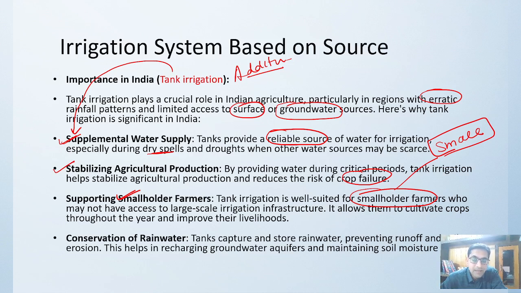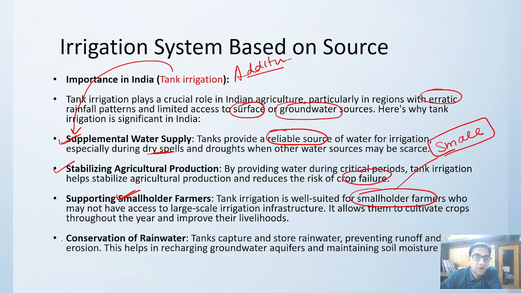Because these small farmers may have their fields at very remote places, not well connected with the canal system, and they might not have the money to buy a tube well system, so they dig a small tank there, which helps in irrigating their fields. So they can cultivate their crops throughout the year.